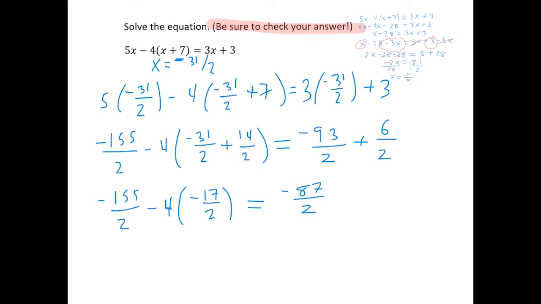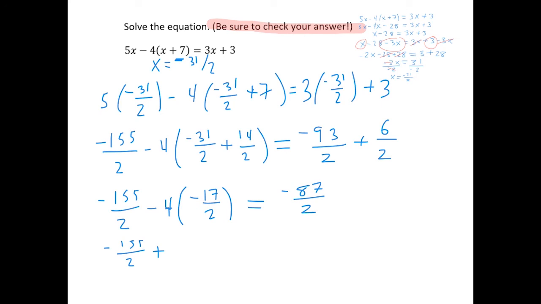So look, we have a goal. If it's true that negative 31 halves is the solution, then since this right-hand side is negative 87 halves, this left-hand side should too. Well, and it is, so just a little bit more work. Negative 155 over 2 minus, actually it's going to be a plus because this is a negative 4 times a negative 17.